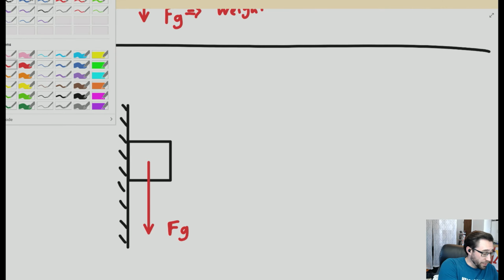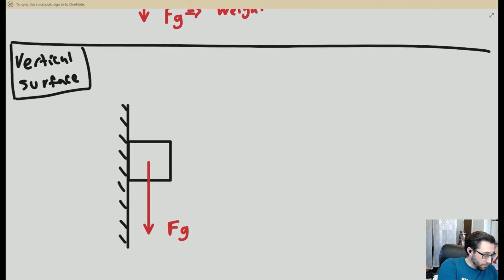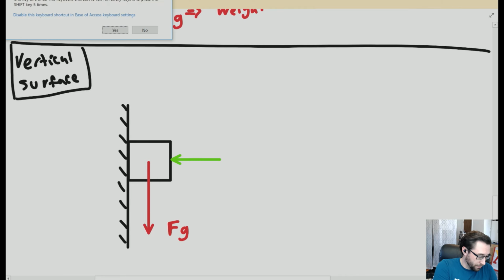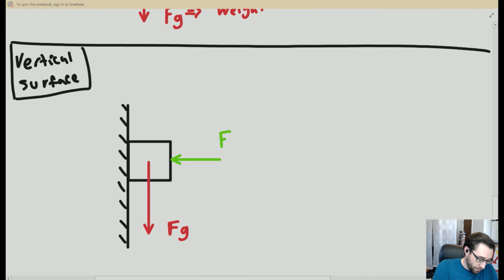Now, this is where it gets a little interesting. So if I push the box, so if I push in the box like so, I know that the box isn't somehow morphing through the wall, right?